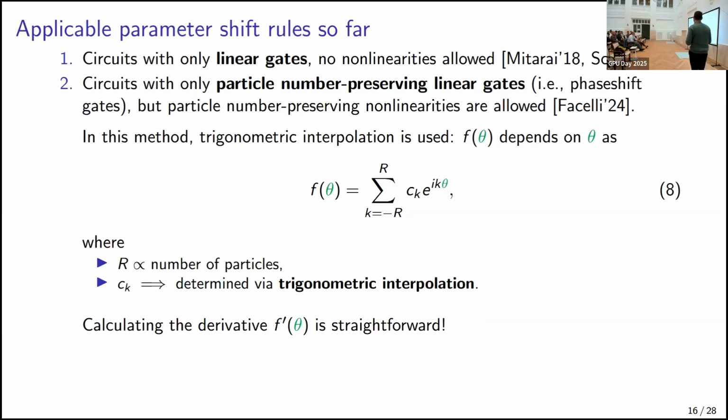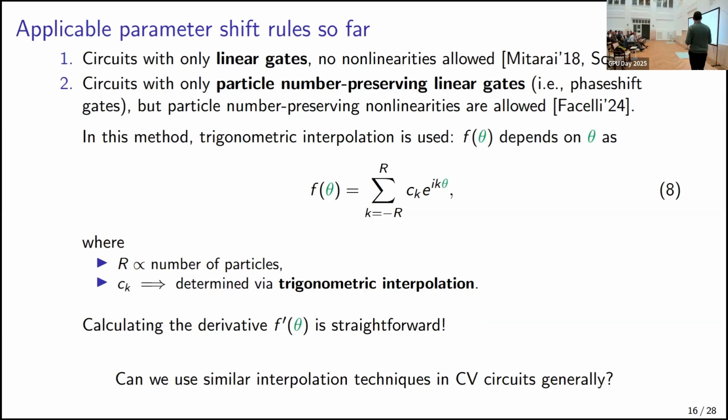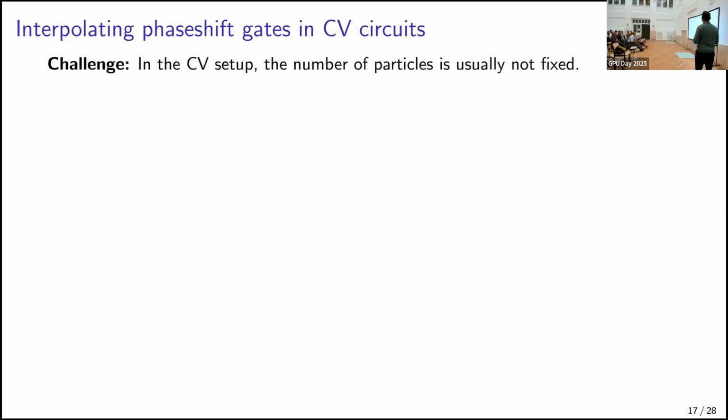It is very straightforward. And the question is, can we use a similar technique in a CV circuit? So can we use it for a squeezing gate or displacement gate? And the problem with this is that in the continuous variable setup, the number of particles is usually not fixed.